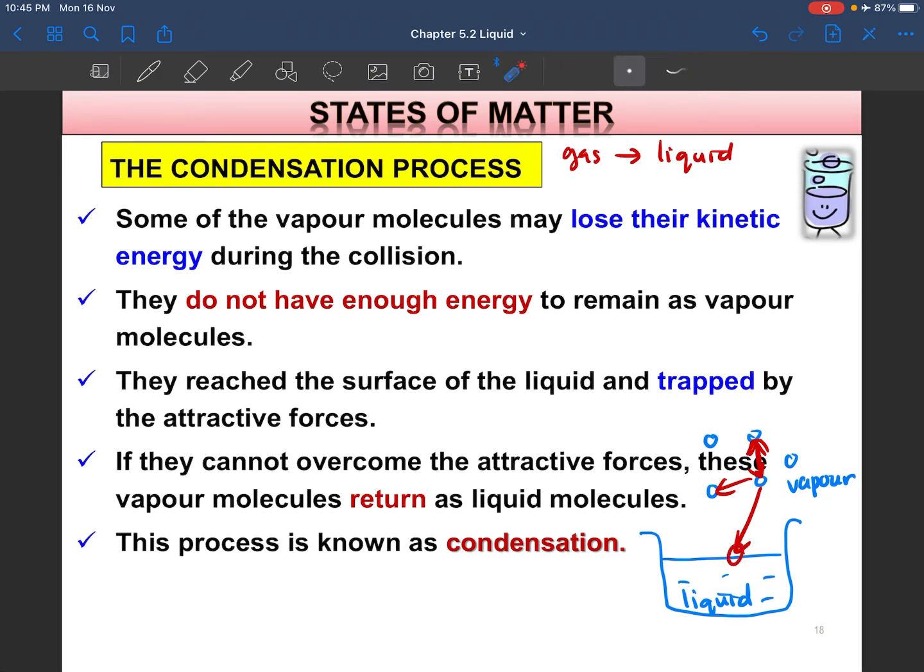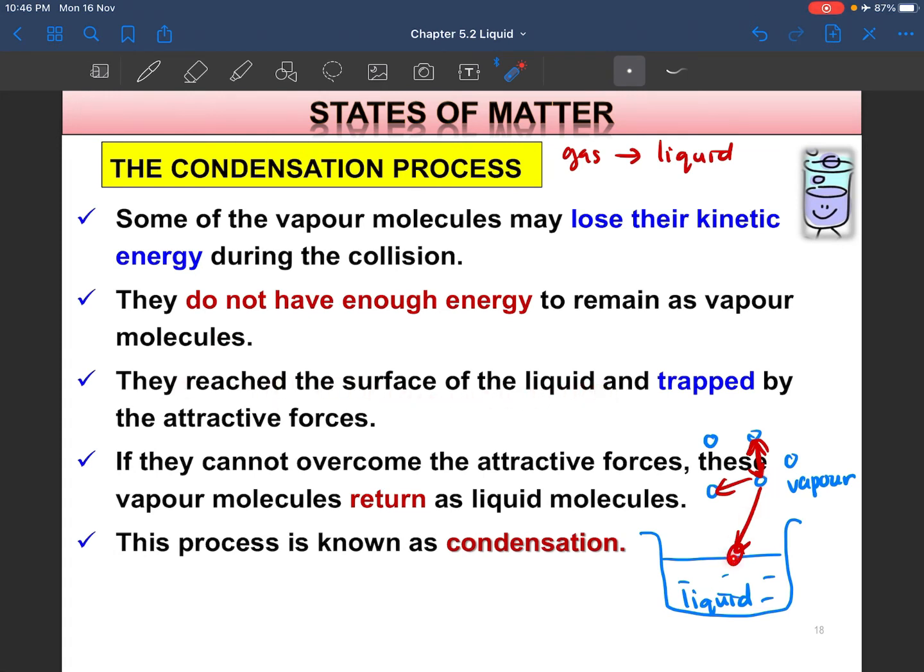Okay, so here it says some of the vapor molecules may lose their kinetic energy during collision. It means this molecule collides with this molecule and transfers its energy to this molecule. So it itself has less energy, so it falls down. So they do not have enough energy to remain as vapor molecules. They reach the surface of the liquid and are trapped by the attractive forces.